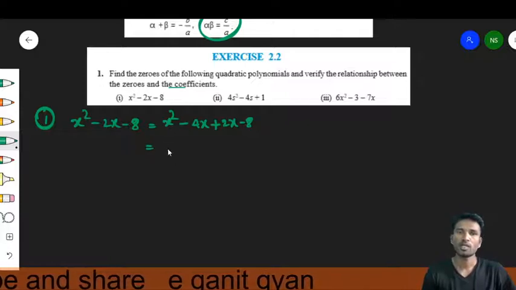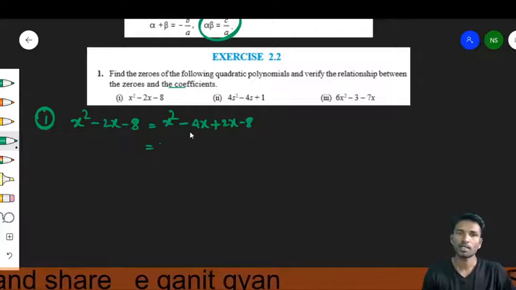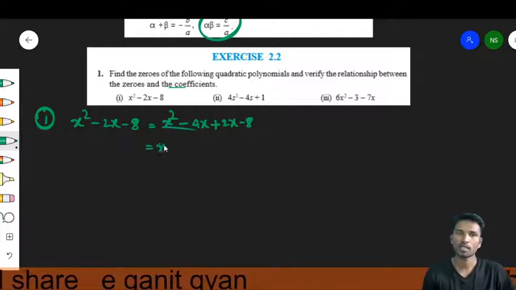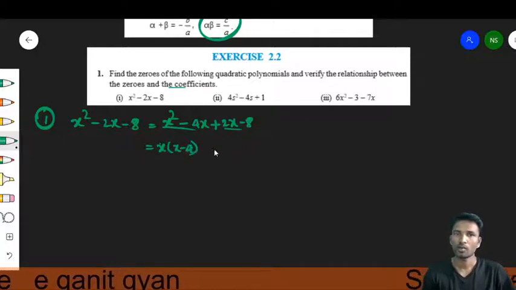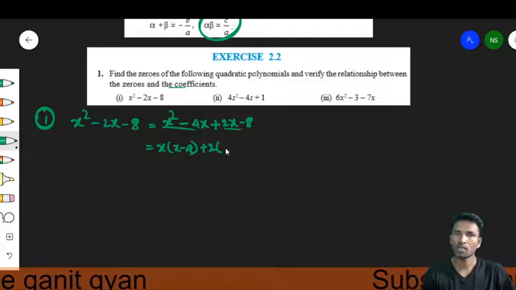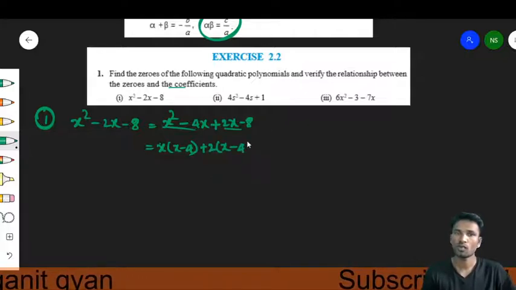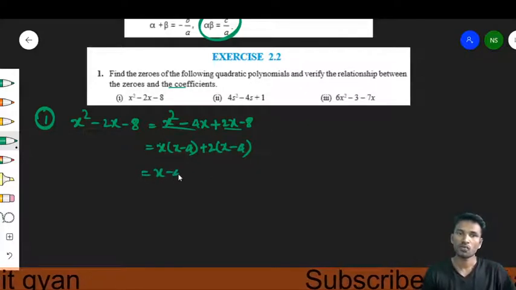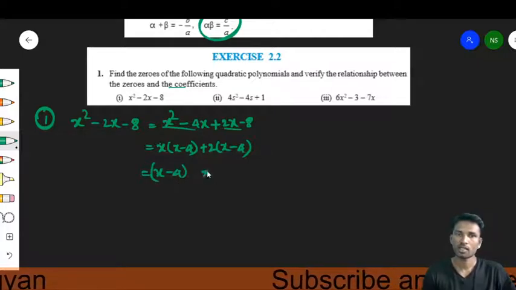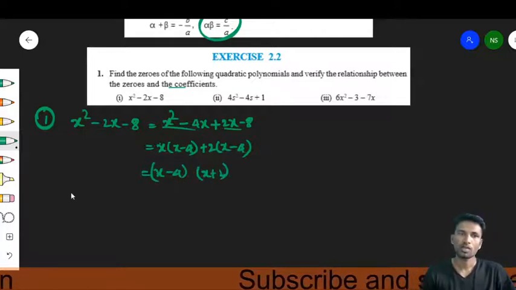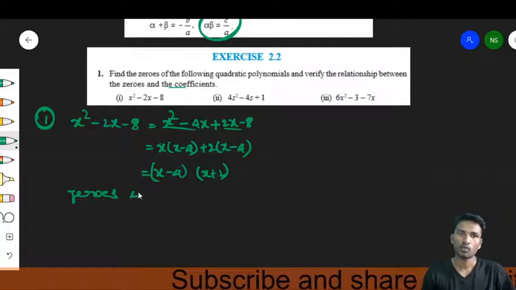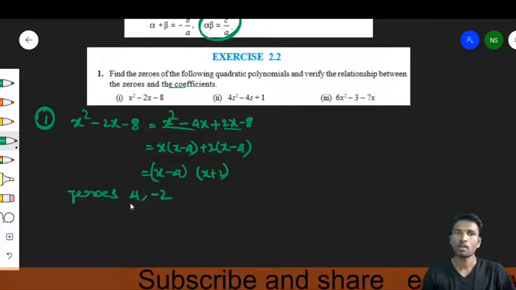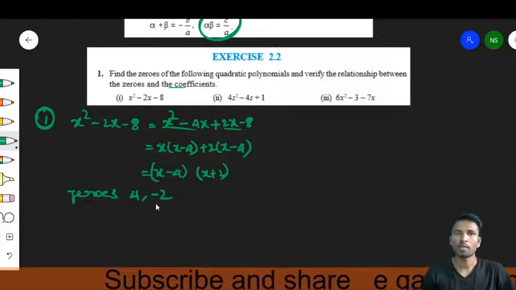Taking x common from the first two terms, I get x minus 4 as a common factor. From the other two terms I can take out 2 common, so x minus 4 is left. x minus 4 is one factor, and the other factor is x plus 2. So I can find the zeros: 4 comma minus 2. I got two zeros, 4 and minus 2.